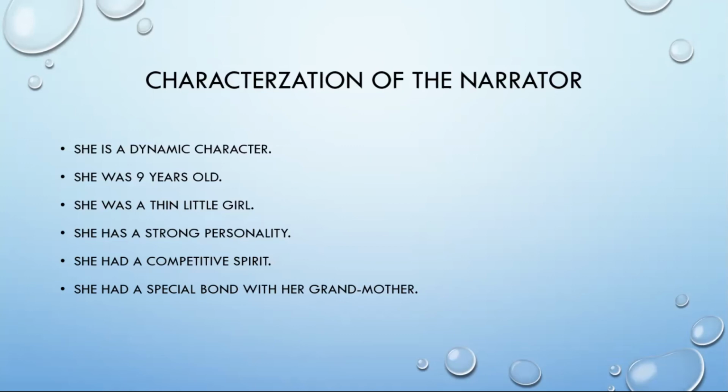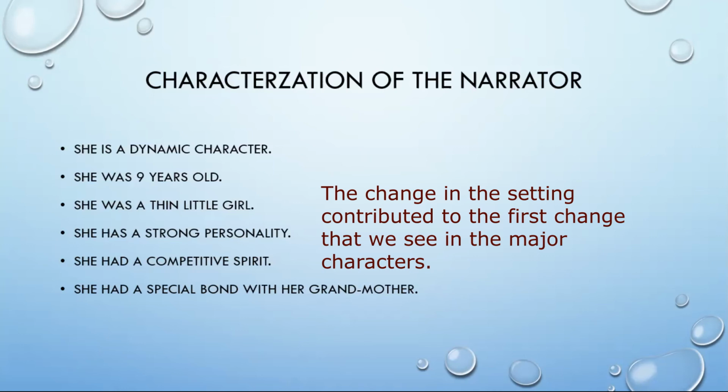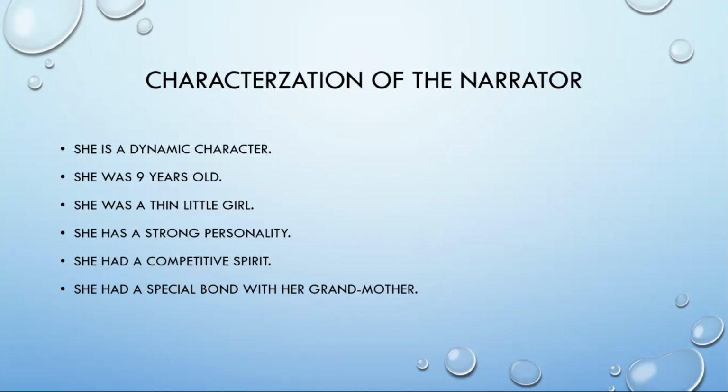So this narrator had a change. She too was overwhelmed like her grandmother by the alien sights and sounds around her. Just like her grandmother, the change in the setting contributed to the first change that we see. As such, she longed for the familiar streets of Brooklyn, where she felt most comfortable.